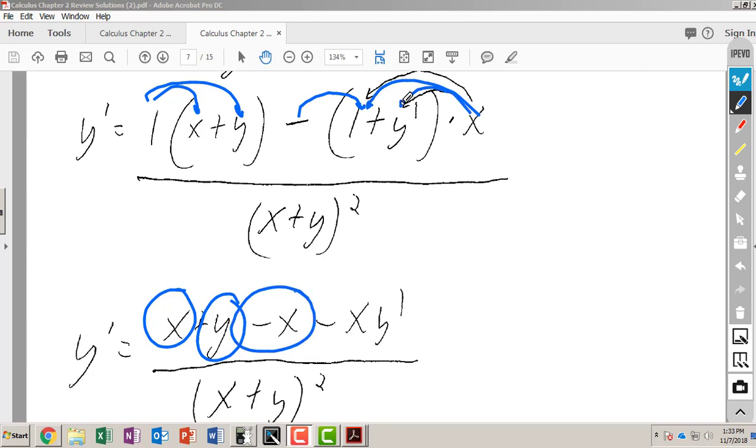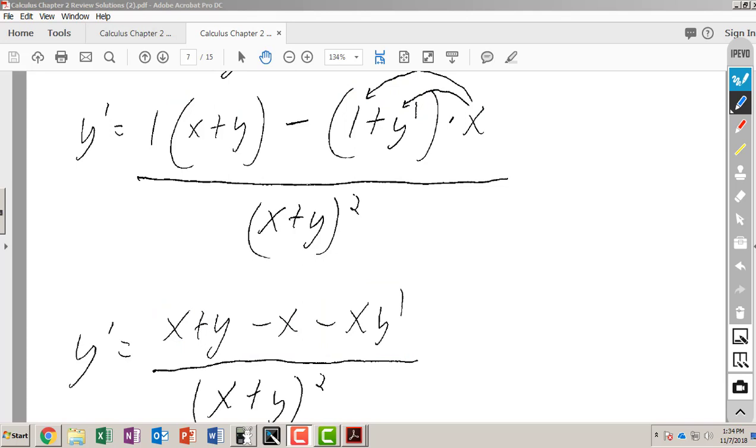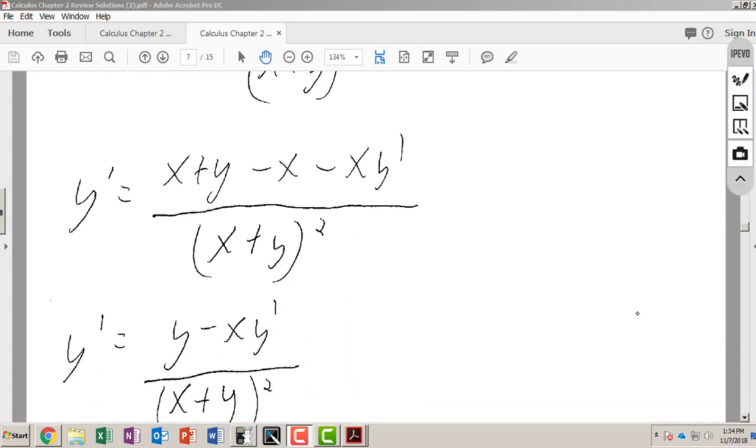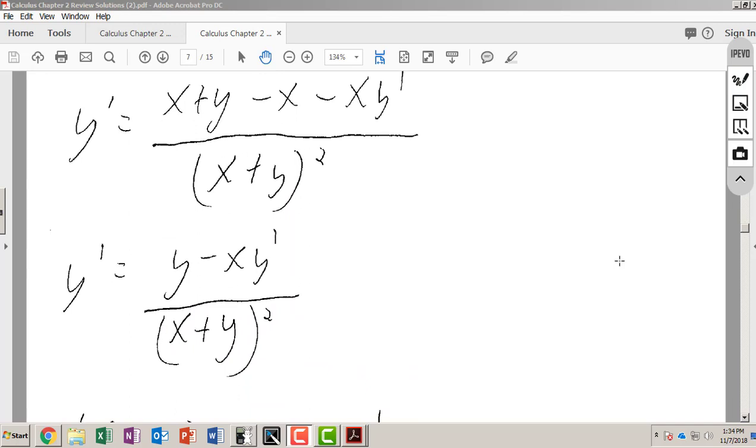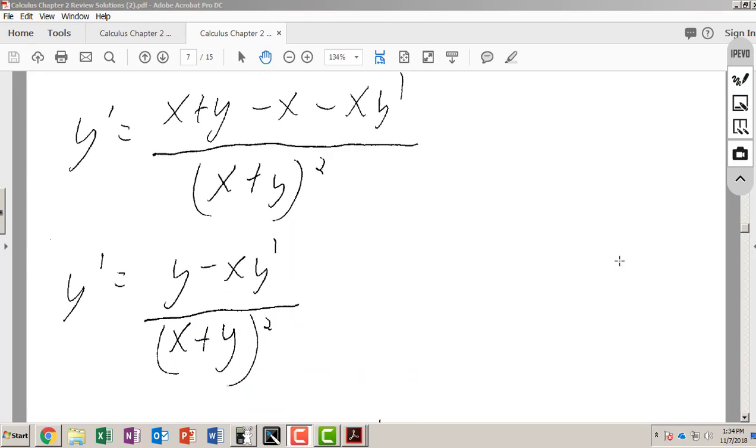And distributing this x to my y prime, with this negative, that becomes negative xy prime. And then that is still all over x plus y squared. So now I've got y prime equals x plus y minus xy prime all over x plus y squared.